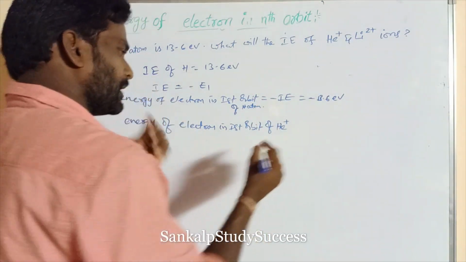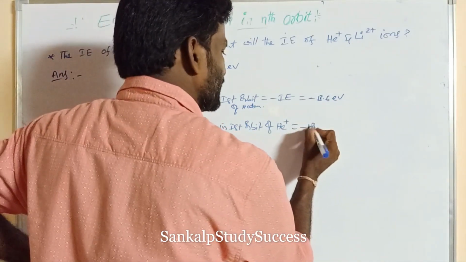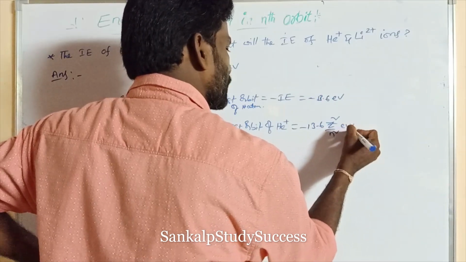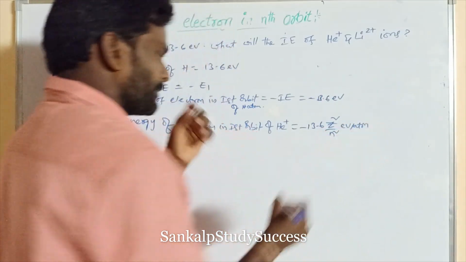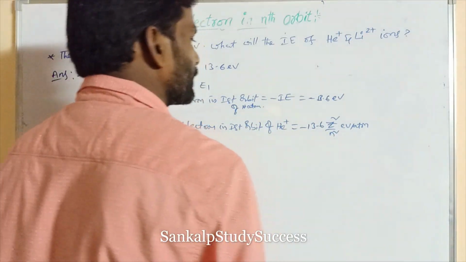The formula for the energy of electron in the nth orbit is minus 13.6 into Z square by n square electron volt per atom.